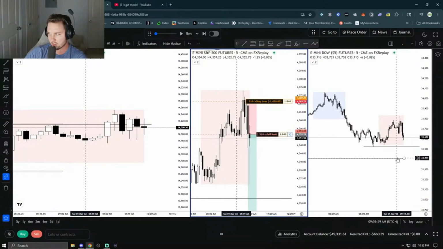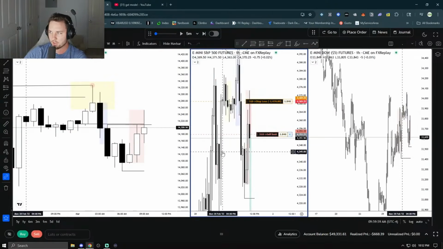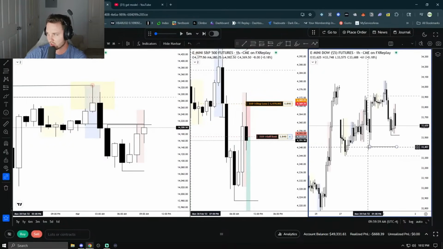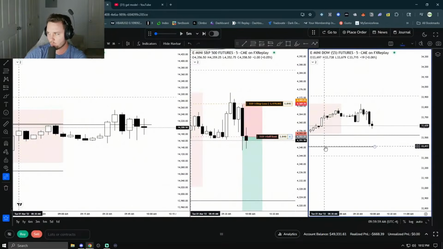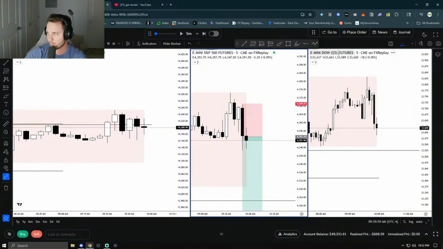So here's the thing: if we lose this, that's fine. We have our plan, we literally have everything we want to see. I guess we could short YM though. YM is weaker, so let's actually short YM.